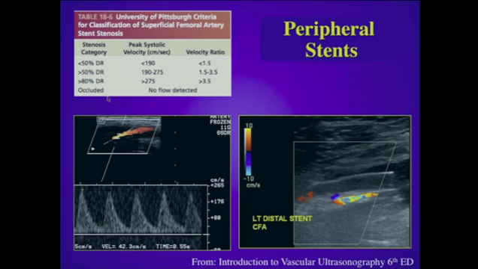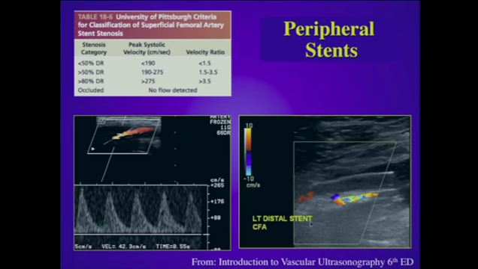For a high grade greater than 80% diameter reduction, the peak systolic velocity should be greater than 275 centimeters per second, with a velocity ratio greater than 3.5. Here in the example on the left, we see tight stenosis in a femoral artery stent. The velocity in this example is approximately 270 centimeters per second.